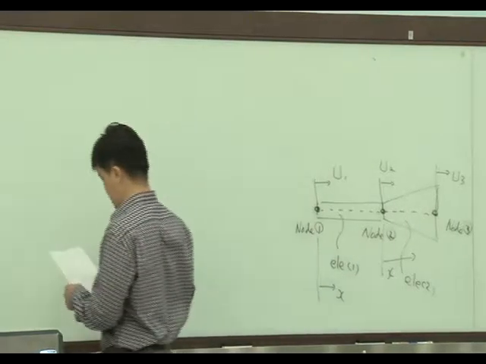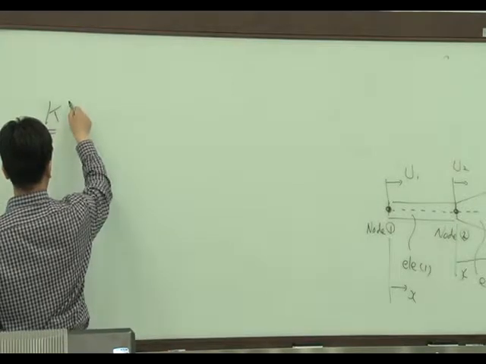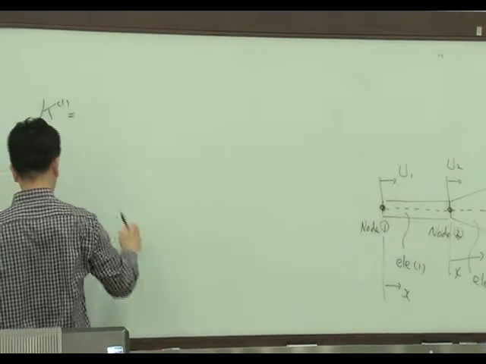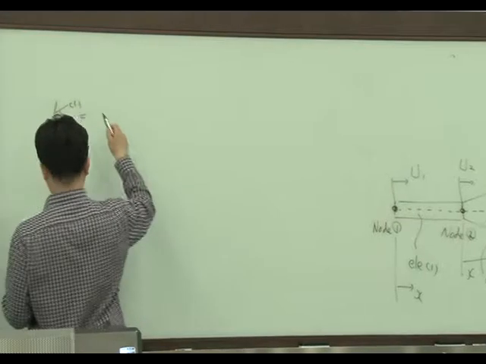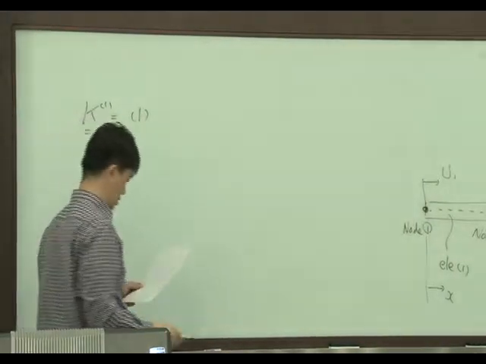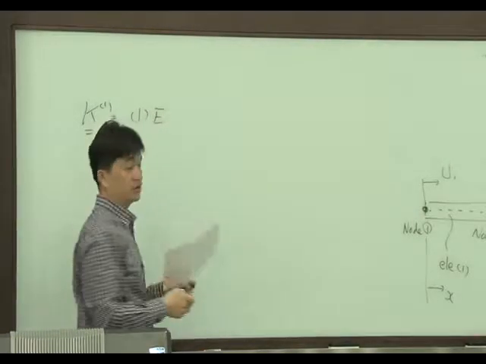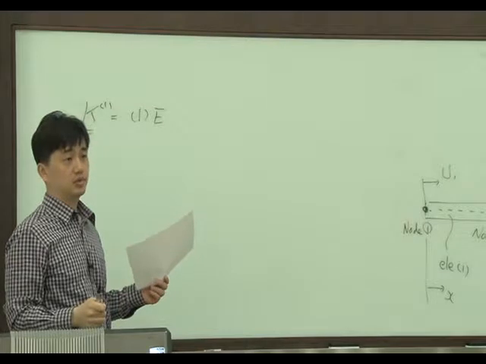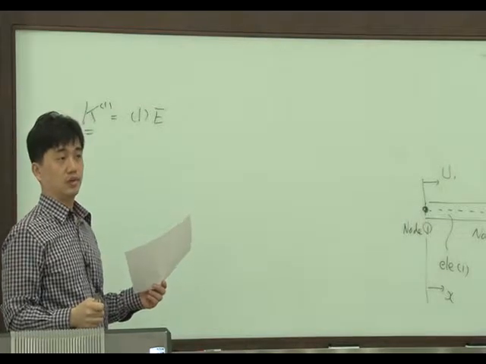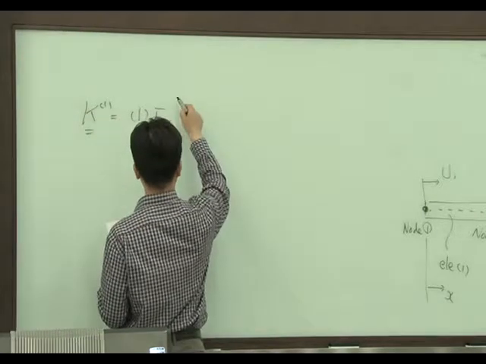Okay, then we can calculate K1, equal to the integral of B1 transpose, E, B1 times area, where E is Young's modulus. This is a one-dimensional problem, so the material law becomes just one value.